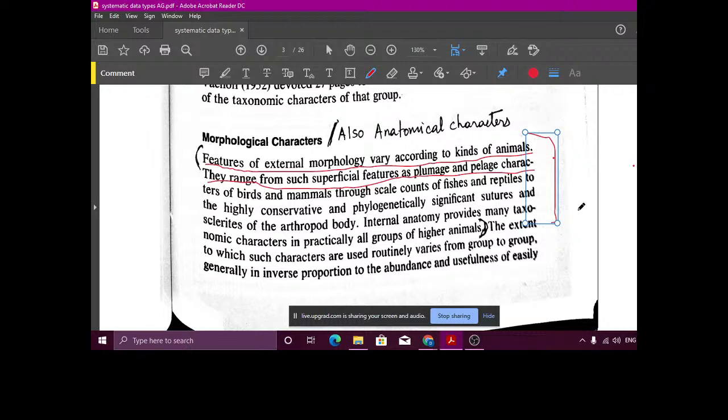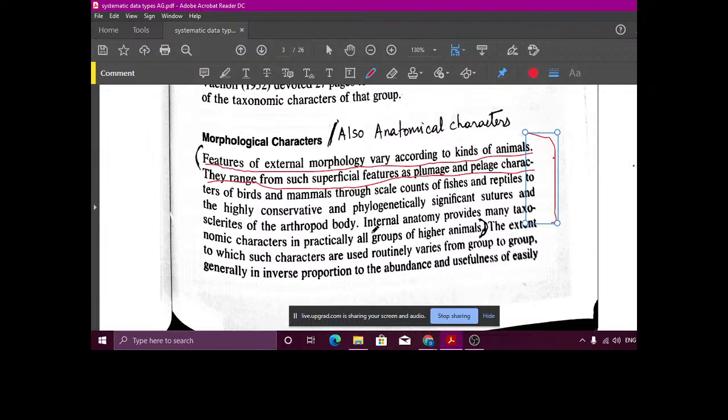So plumage is a characteristic. You can classify parrots from crows on the basis of plumage. Crows are black, parrots have green feathers. So this is a morphological characteristic.